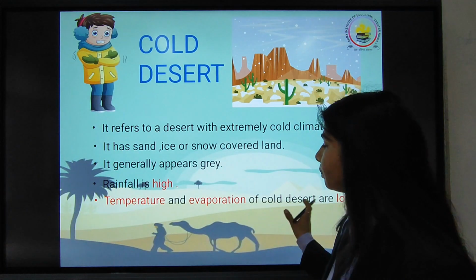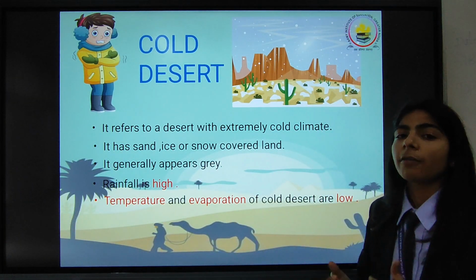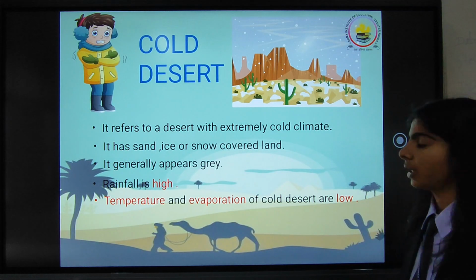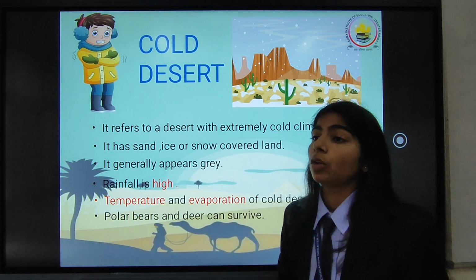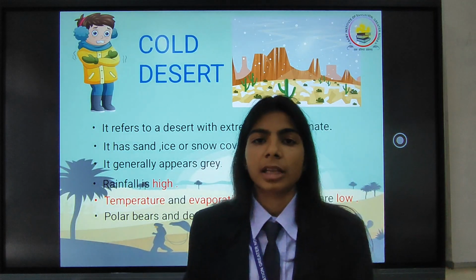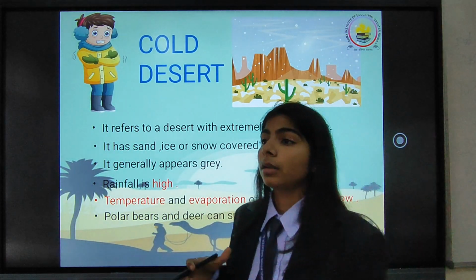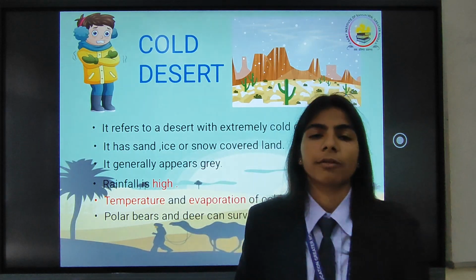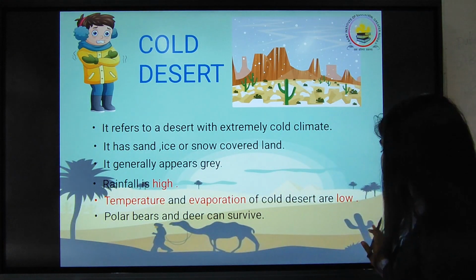Because evaporation is low, the temperature is automatically low. Polar bears and deer can survive. Those animals that have a habitat in the cold climate only survive in the cold region, and those are polar bears and deer.